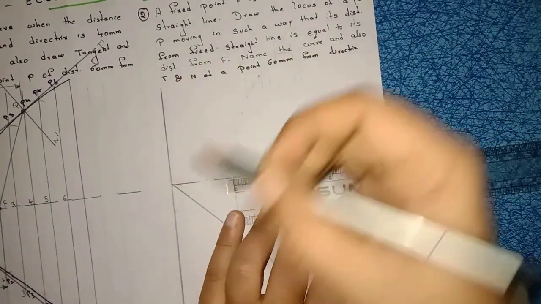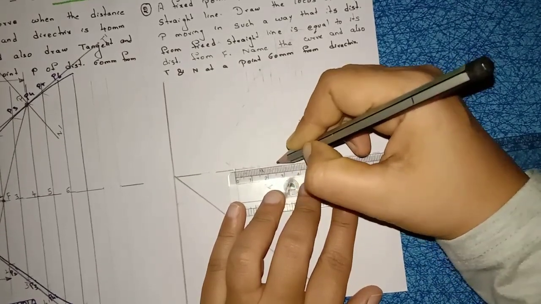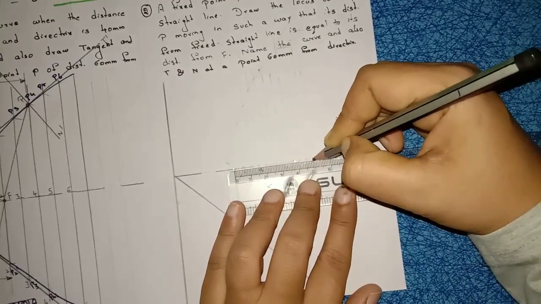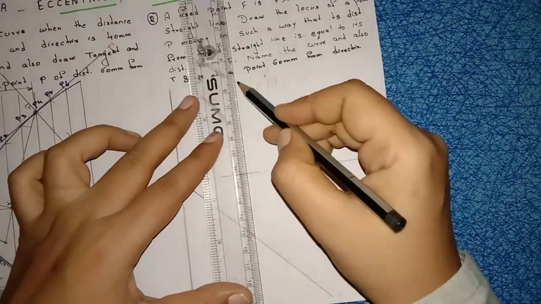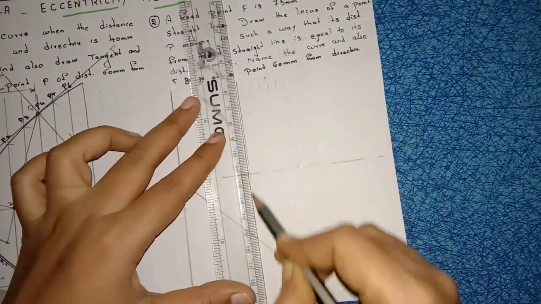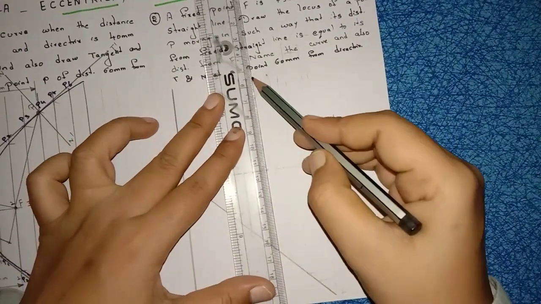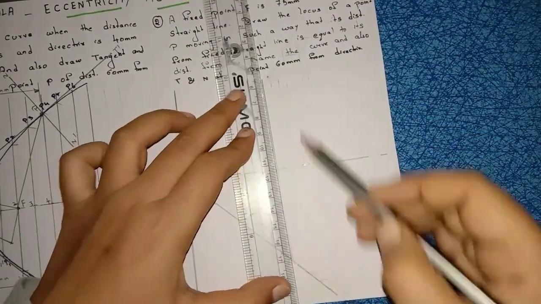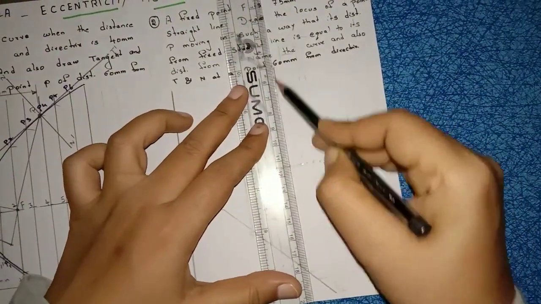You can take 1 centimeter or 0.5 centimeters, depending on your convenience. In this problem, I am taking 0.5 centimeters gap in between each line. I am taking 8 to 9 equal parts in order to get the perfect shape of the parabola.